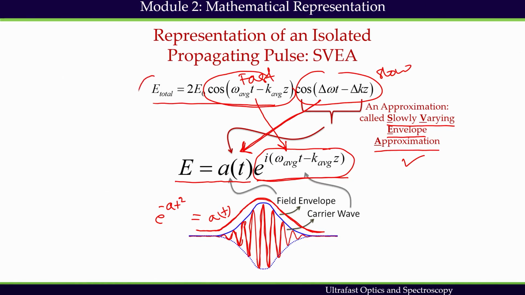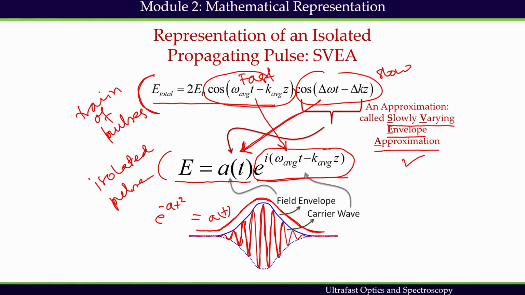We have to remember that this kind of equation represents a train of pulses and this kind of equation represents an isolated pulse, but both of them are propagating.